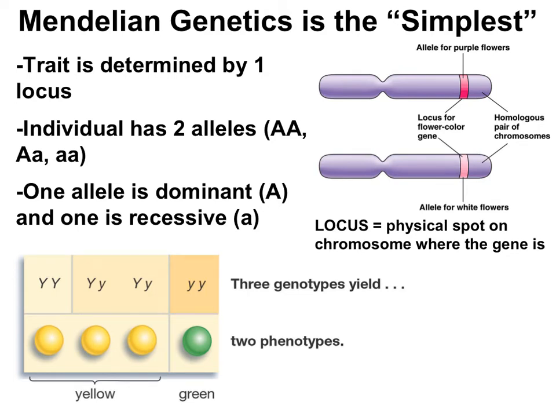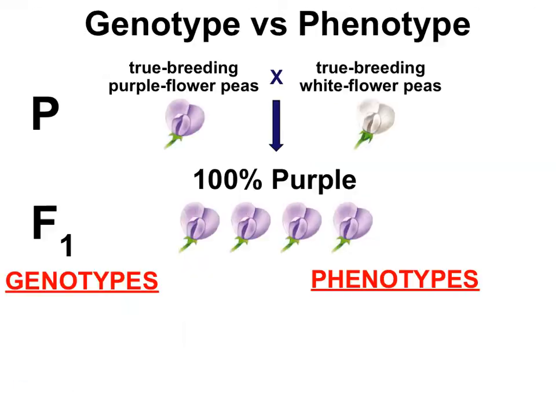In Mendelian genetics, an individual has 2 alleles for a trait. And in Mendelian genetics, one allele is dominant and the other allele is recessive. So those are the rules that we've been using for genetics in our course so far.